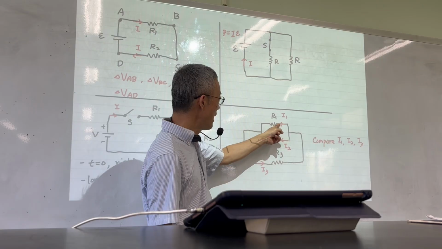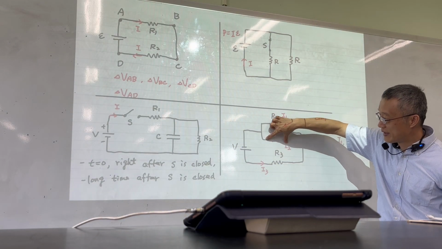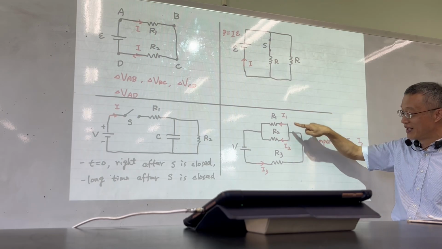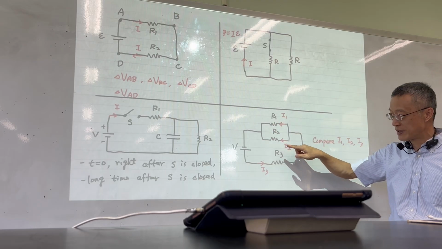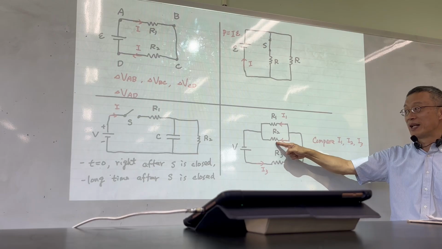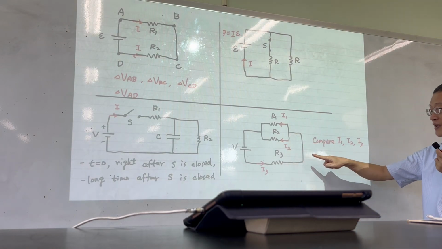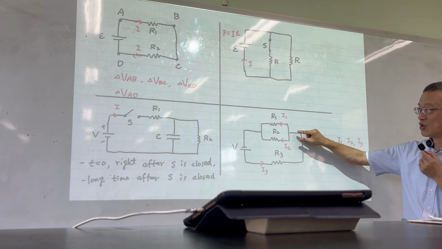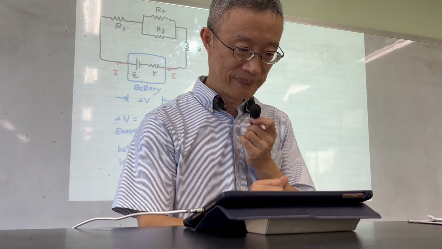And what about I1 and I2? Same voltage, parallel. If R1 is larger, I1 will be less. If R2 is smaller, I2 will be larger. So it depends on R1 and R2, and you can compare I1 and I2. But I3 is always the largest because I3 is the sum of the two currents. Okay.